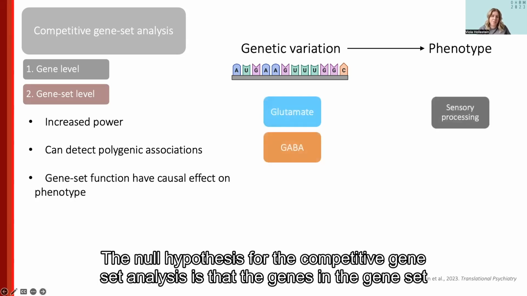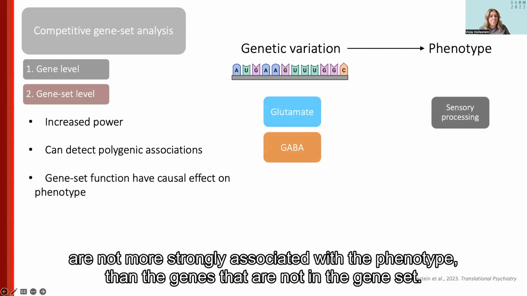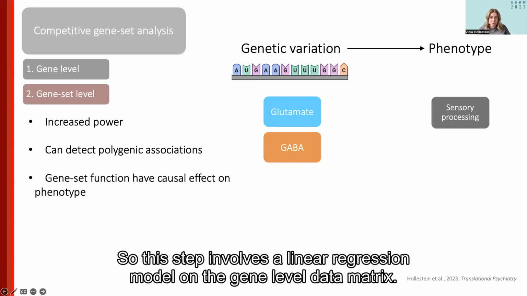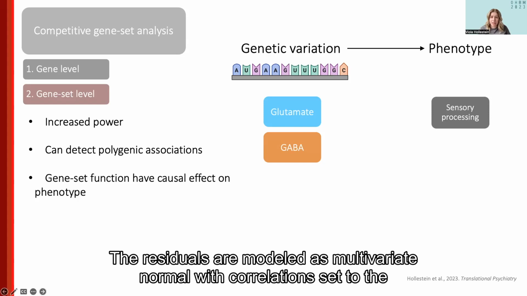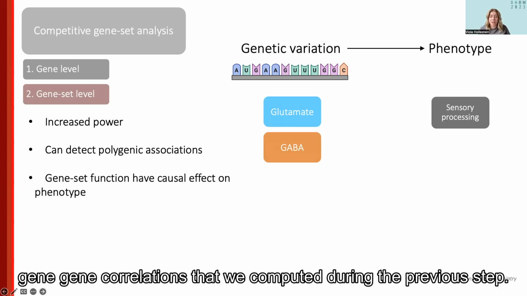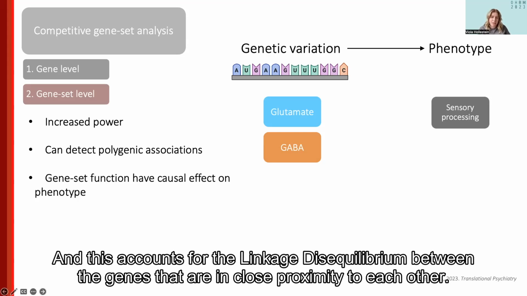The null hypothesis for the competitive gene set analysis is that the genes in the gene set are not more strongly associated with the phenotype than the genes that are not in the gene set. So this step involves a linear regression model on the gene level data matrix. The residuals are modeled as multivariate normal with correlations set to the gene correlations that we computed during the previous step, and this accounts for the linkage disequilibrium between the genes that are in close proximity to each other.